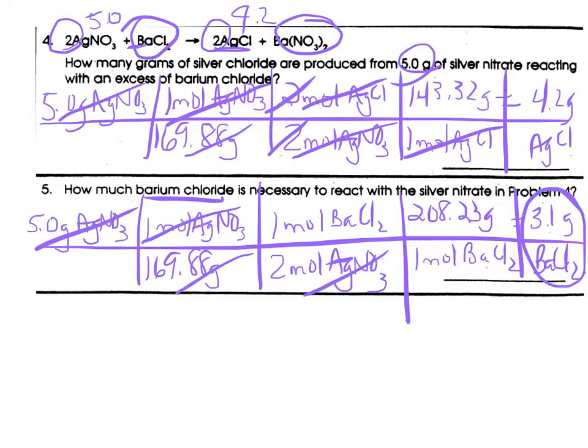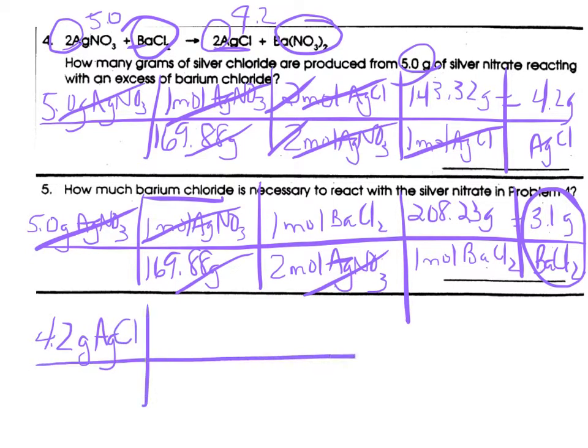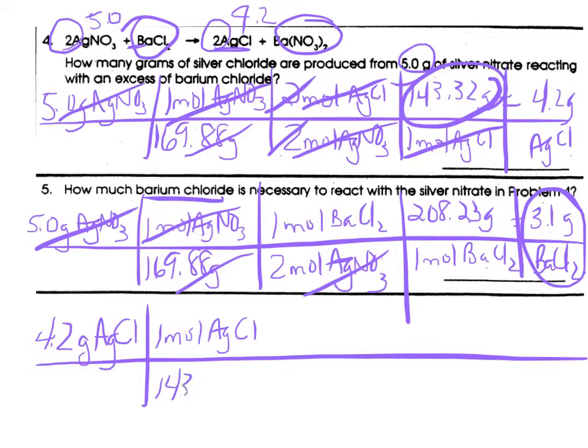Now, just for illustration purposes, as I said earlier with stoichiometry, if you know one quantity, you can get all the rest. So 4.2 grams of AgCl, I can do this problem and still get the 3.1 grams of barium chloride, assuming that that answer is right. But again, I chose to do this first with the 5 grams because that was given in the original problem. So I'm just going to work backwards. This time I'm going to do 1 mole of AgCl, and I'm getting this number from up here, 143.22 grams of AgCl, and really that came from the periodic table.